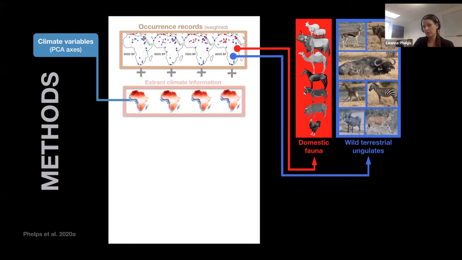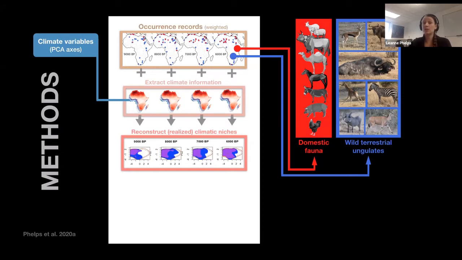So we choose whichever of those variables is most appropriate. And then we need to plot those on 2 axes. I won't go too much into the technicalities here, but we do a principal component analysis, which essentially allows us to explain the majority of variance across these different climate variables so that we can then reconstruct this realized climatic niche.